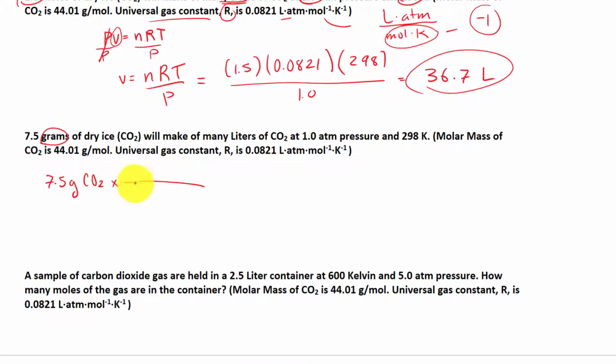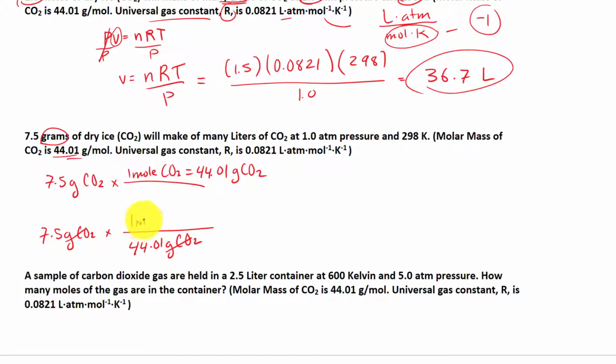And to get from gram to mole, I'm going to multiply by the molar mass, which is 1 mole of CO2 equal to 44.01 grams of CO2. That's the molar mass of carbon dioxide right there. Now I'm going to rewrite this. 7.5 grams of CO2 times, the grams is going to be on the bottom, 44.01 grams of CO2, so that it cancels out, and this part will be on top, 1 mole of CO2.